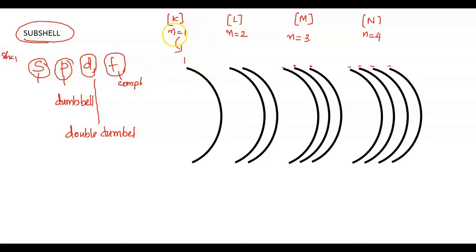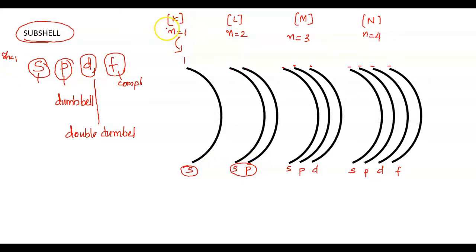Okay, so n equal to 1 means only one subshell, that is S, and n equal to 2 means two subshells, that is S and P. Here it has three subshells, that is S, P and D, and here n equal to 4, it has four subshells, S, P, D and F. So these are the subshells that you can see in each main shell.